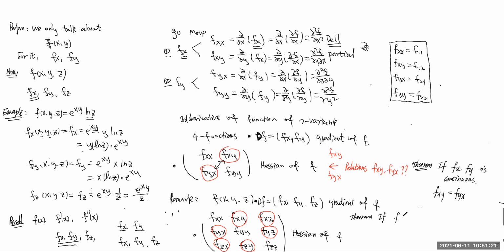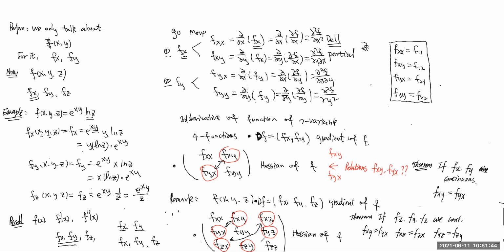If fx, fy, fz are continuous, fxy is fyx, fxz is fzx, fyz is fzy. So they are the same.